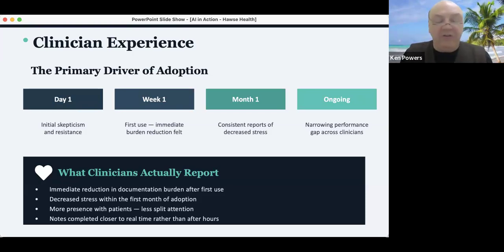I always hesitate to share this, but I think it gives a window into clinician experience. So for myself, when I began to use ambient AI as a scribe, I've always been a clinician who is able to get my notes completed in a timely manner.